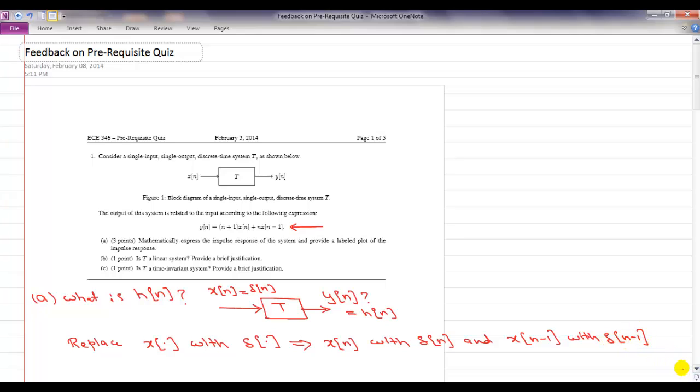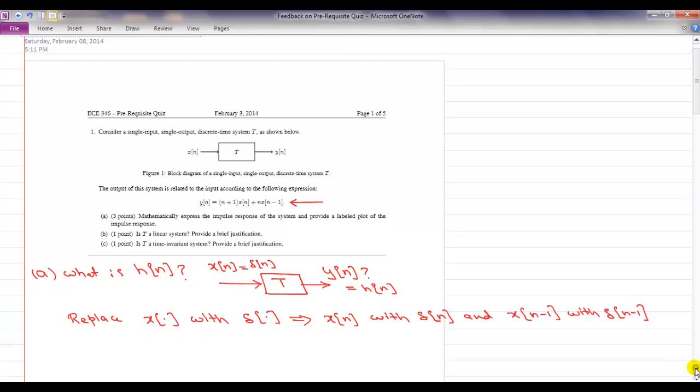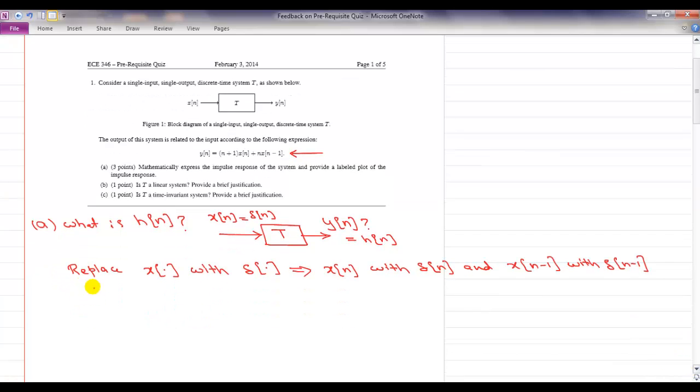So if we do that in the input and output relationship of this system T, what we get is y[n]. I'm just writing down the above expression in part A with x replaced by delta. So I get (n plus 1) delta of n plus n delta of n minus 1. And this output, since it corresponds to the impulse function, is called the impulse response.